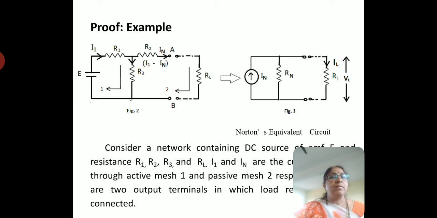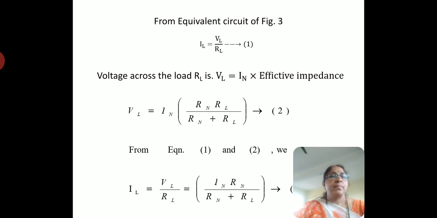This circuit is converted into a Norton's equivalent circuit. This Norton's equivalent circuit consists of IN and RN. With this Norton's equivalent circuit, we are going to calculate the output current flowing across the load. From the equivalent circuit, the output current IL is equal to VL by RL. Say this is equation 1, where VL is the voltage across the load RL.